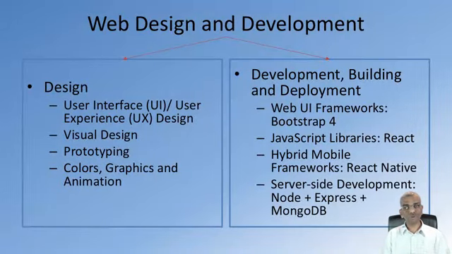In the first course in the specialization, we covered Bootstrap 4. In this course, we will look at React. In the next course, we will look at React Native as a way of developing mobile applications, and then the final course will look at server-side development using Node, Express, and MongoDB. In this course, as I emphasized, we are concentrating more on building up our hard web development skills.